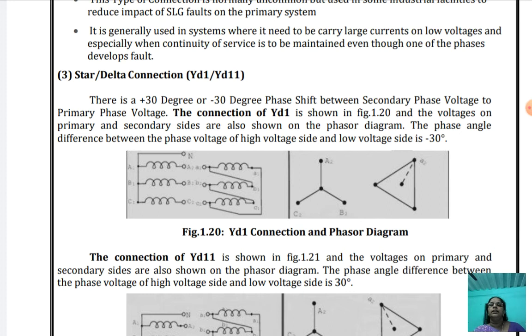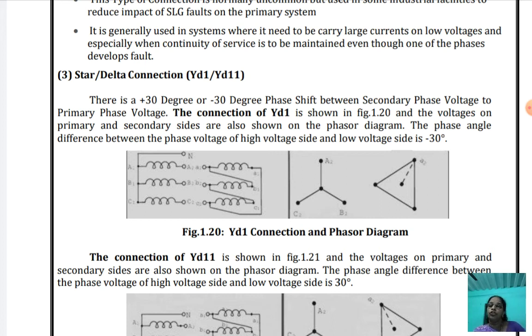Then next, the star delta connection, that means either primary star and secondary delta, or primary delta and secondary star. This is the star delta connection. So therefore Yd1, Yd11. 1 o'clock position means what? The 1 o'clock position is the 30-degree phase shift, that is the lag only.